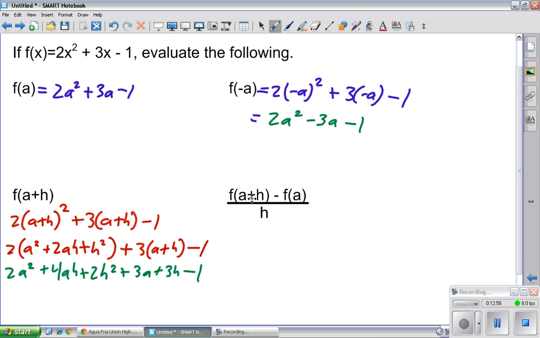And then finally, we already did f of a plus h and f of a. So let's just go ahead and combine these, put them together. So we would have this whole part written here in green. 2a squared plus 4ah plus 2h squared plus 3a plus 3h minus 1 minus the part from part A here, 2a squared plus 3a minus 1, all over h.